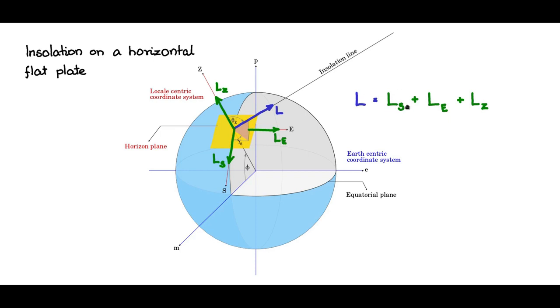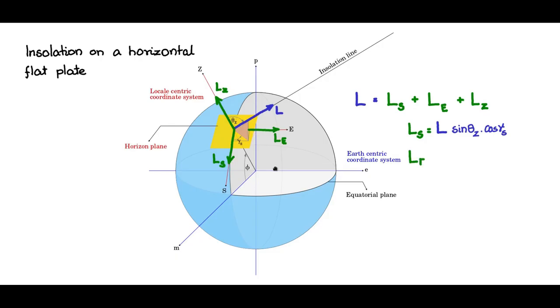Now what are each of these quantities in terms of the parameters of the coordinate system? So Ls, which is along the south axis, is L, and this being theta z, this will be 90 minus theta z, and therefore the projection would be sine theta z, and this projection is cos gamma s. So this would be the value of the insolation vector along the south axis.